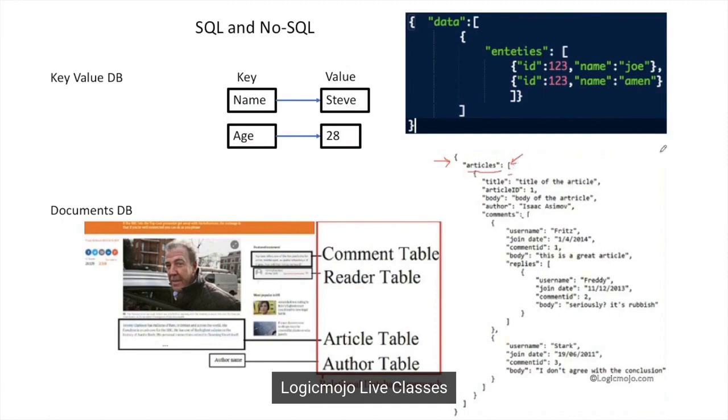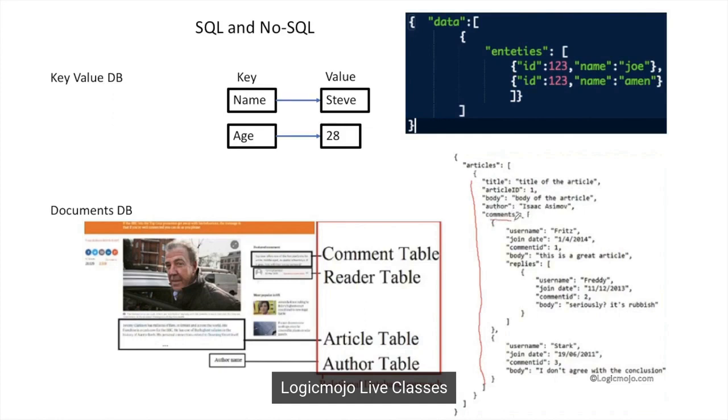This symbol represents an array of objects, and this represents a single object in JSON. So document DB is always represented as JSON, and we can have multiple articles. Let's say this is one article. It starts from here till here. Inside this article, we can have the title, article ID, body, author and everything.